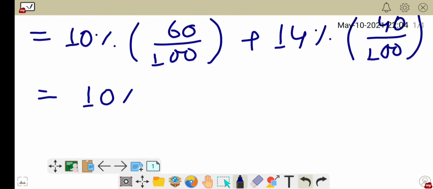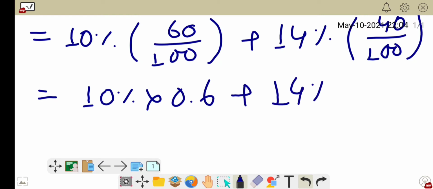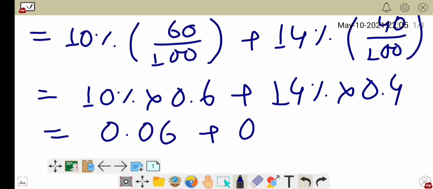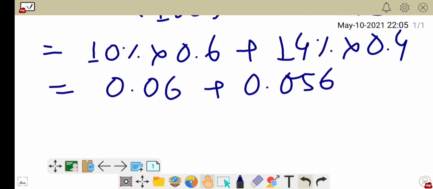Sorry guys, 60 divided by 100, that means 0.6, plus 14% into 40 divided by 100, that is 0.4. So 10% of 0.6 is 0.06, plus 14% of 0.4 is 0.056.